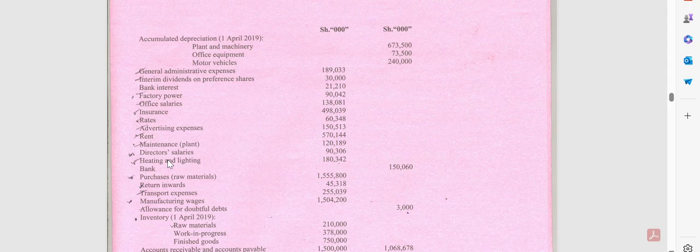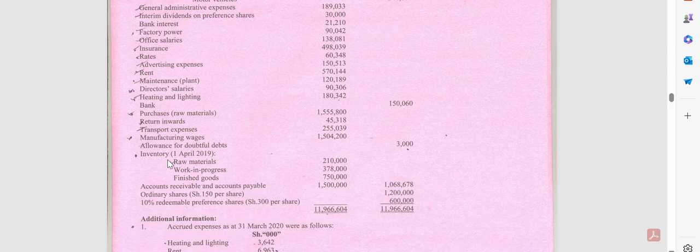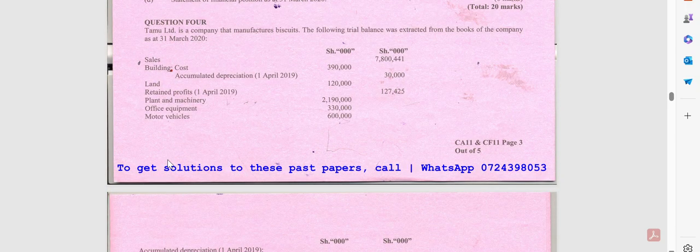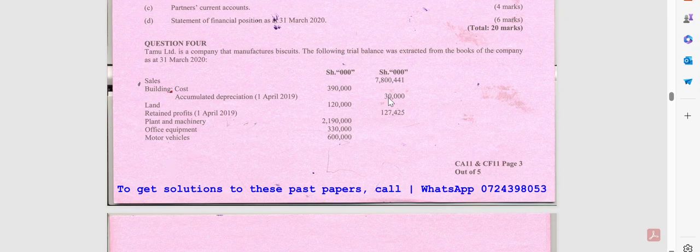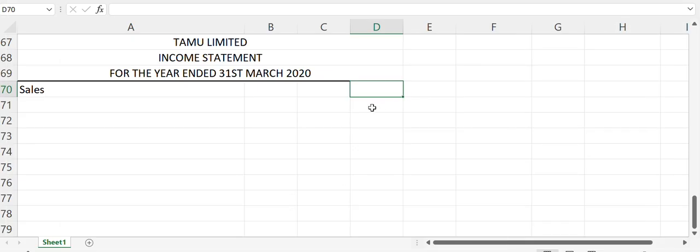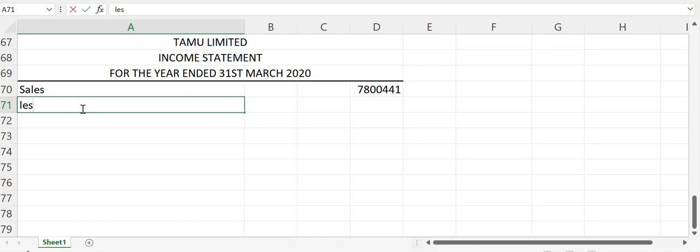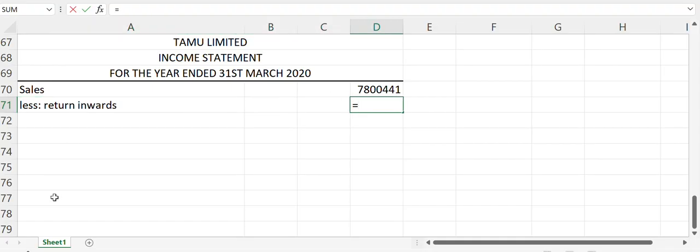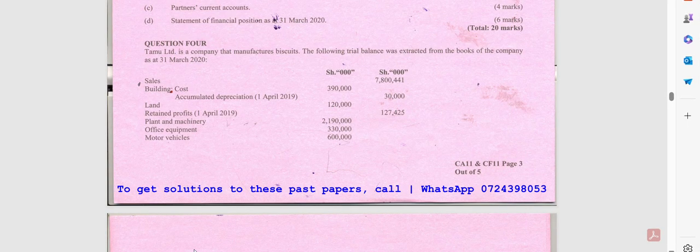Sales should be on the credit side. So let us try to trace it together. Yeah, it is there. It is 7,800,441. So we put it there. So that is that. Remember, there was less return. If you can remember, we had return inwards. So we need to subtract the return inwards. For sales, we had return inwards.